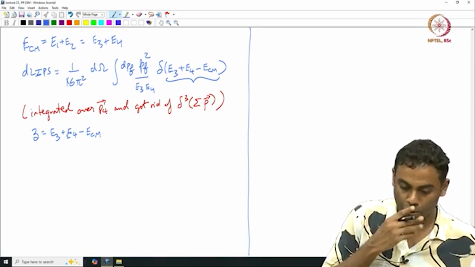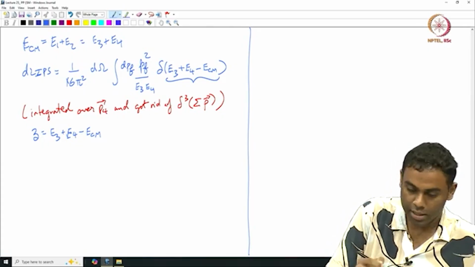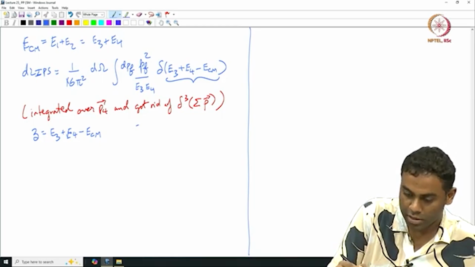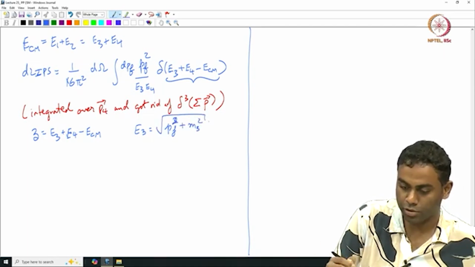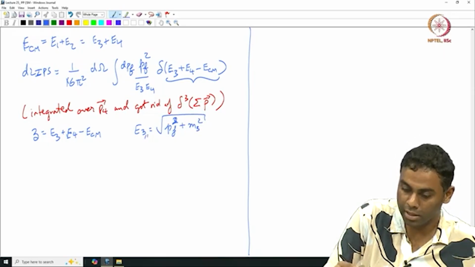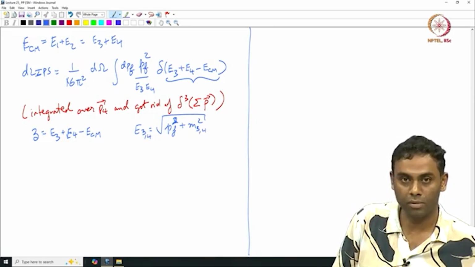But if we were to go to this new variable, I can now write what is E3? It is just the square root of P3 squared, which is PF squared, plus M3 squared, right. Similarly E4 is the same thing with 3 replaced by 4 in the mass, right.